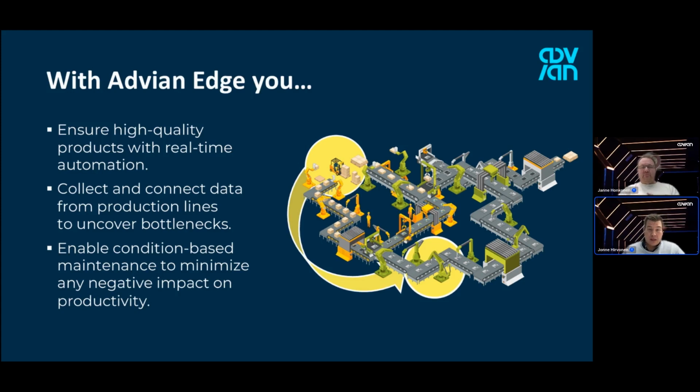And you can collect and connect data from production lines to uncover bottlenecks in the production process, optimize capacity management and enhance the reliability of your production. And enable condition-based maintenance to minimize any negative impact on productivity. IoT sensors and AI-driven prescriptive analytics can effectively predict component failures before they occur and take corrective actions.